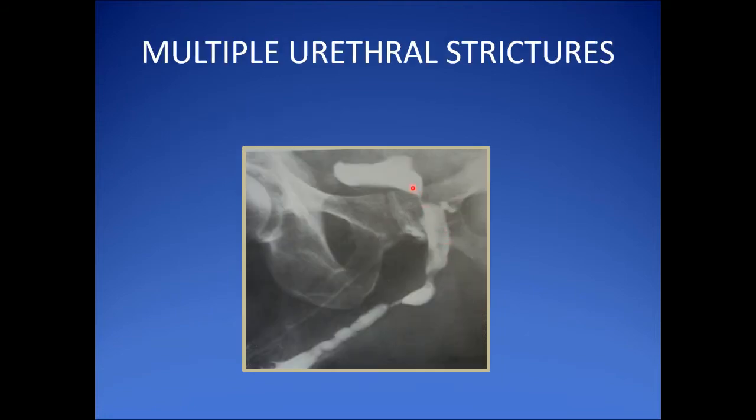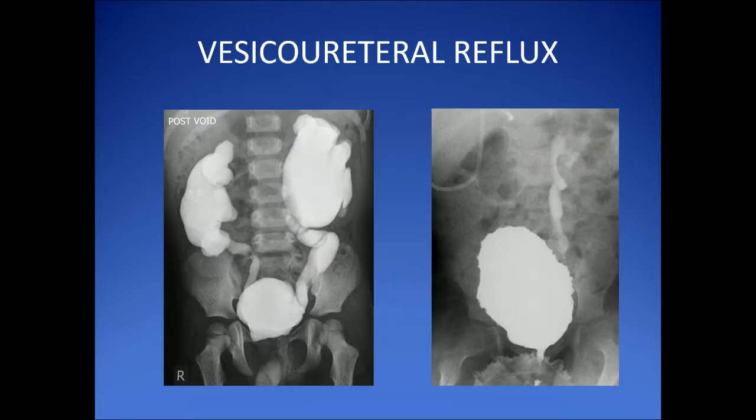Here we could see several narrowings or strictures almost at the entire urethra of the patient. So an example of urethral strictures. An example of grade 5 vesicoureteral reflux: you have dilated and tortuous ureters bilaterally, and you could see marked hydronephrosis of the kidneys bilaterally.